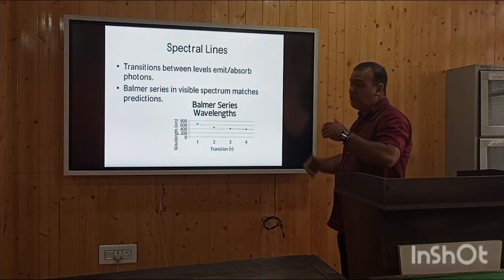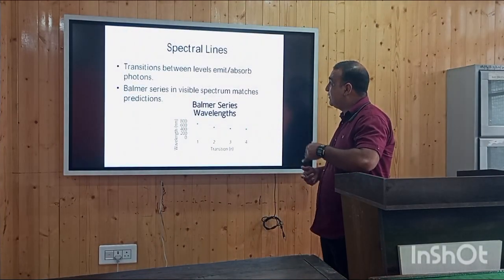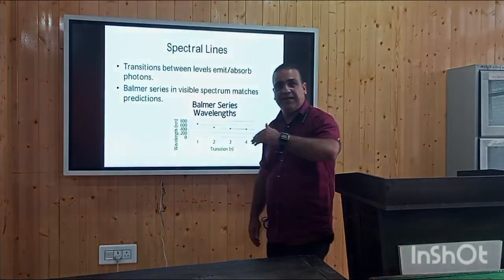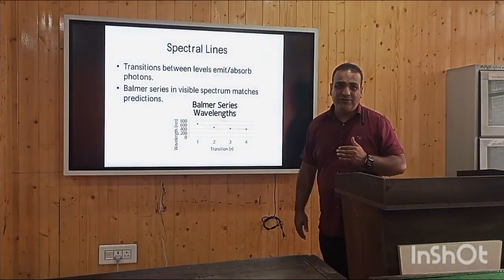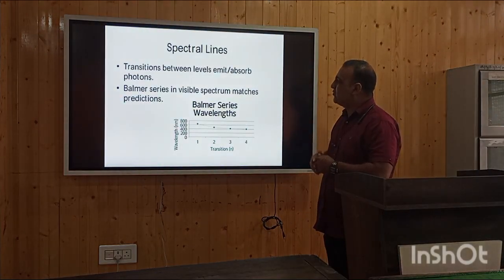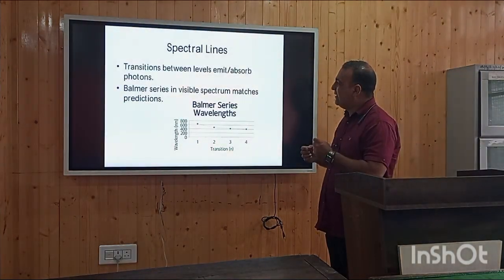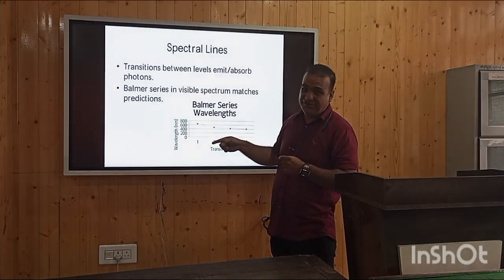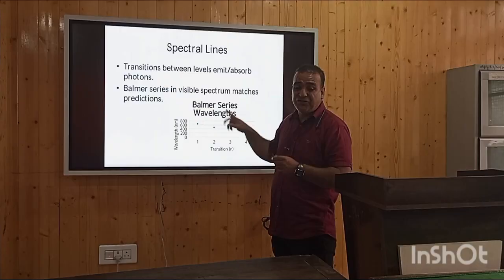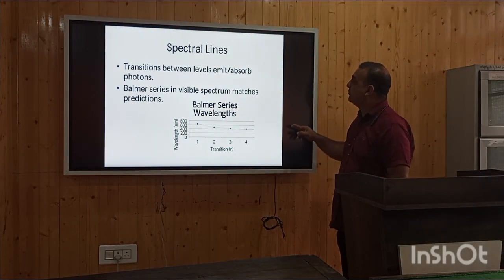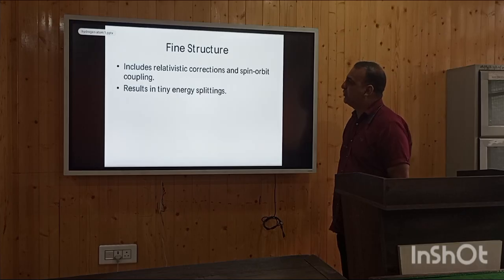And emission can take an electron that is already in a higher energy state and bring it back to the ground state. So these are what we call transitions. The Balmer series in the visible spectrum matches the predictions of solving the problem of the hydrogen atom using Schrodinger's wave equation.